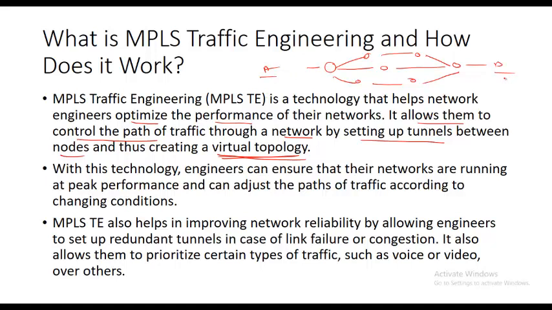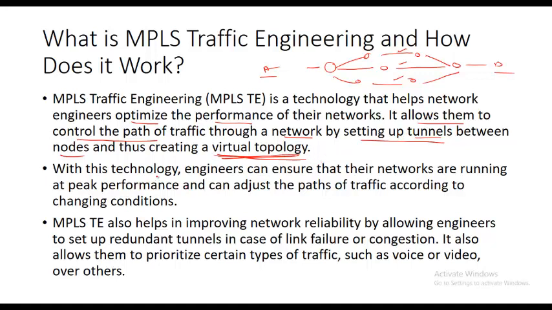So in simple terms, what I want to say here is, I don't care whether it goes via path 1 or path 2 or path 3. I just want my constraint to be met. For that, dynamic tunnels, using one of the paths which has that guaranteed bandwidth, are going to be created for my communication between A and B, which is what we call a virtual topology.